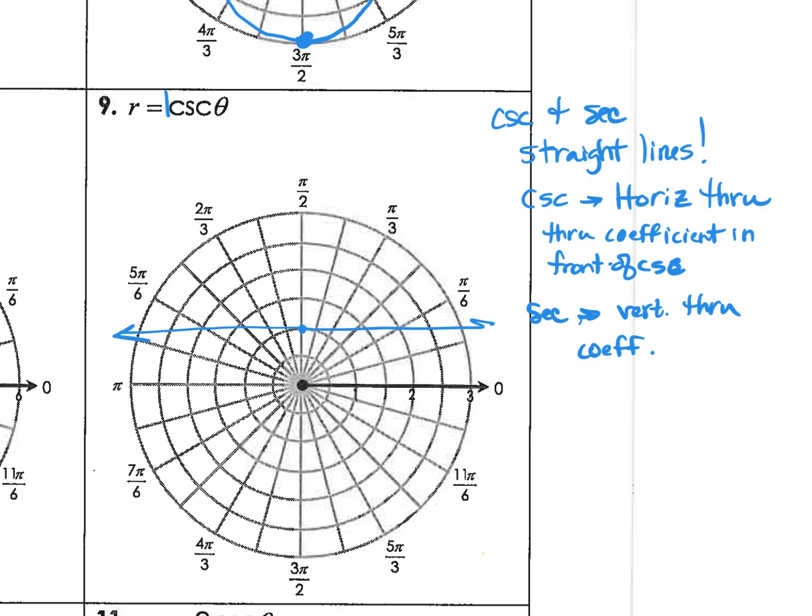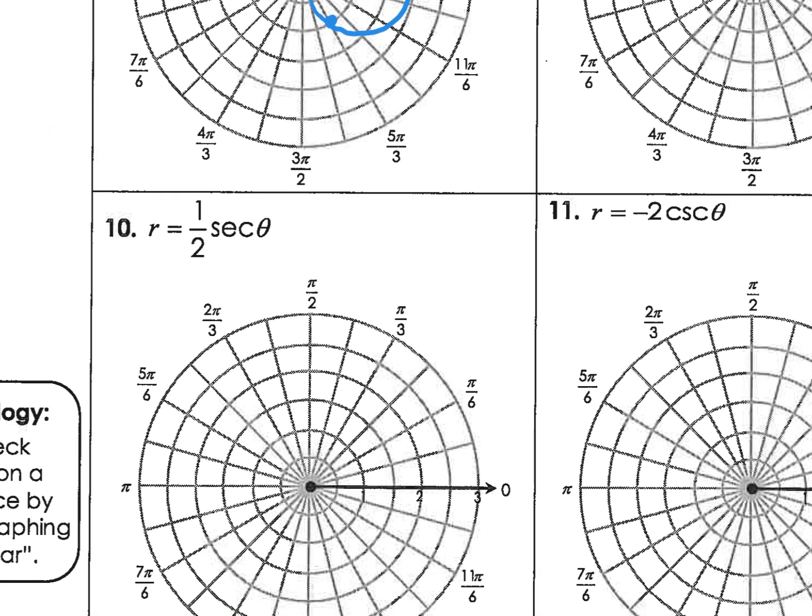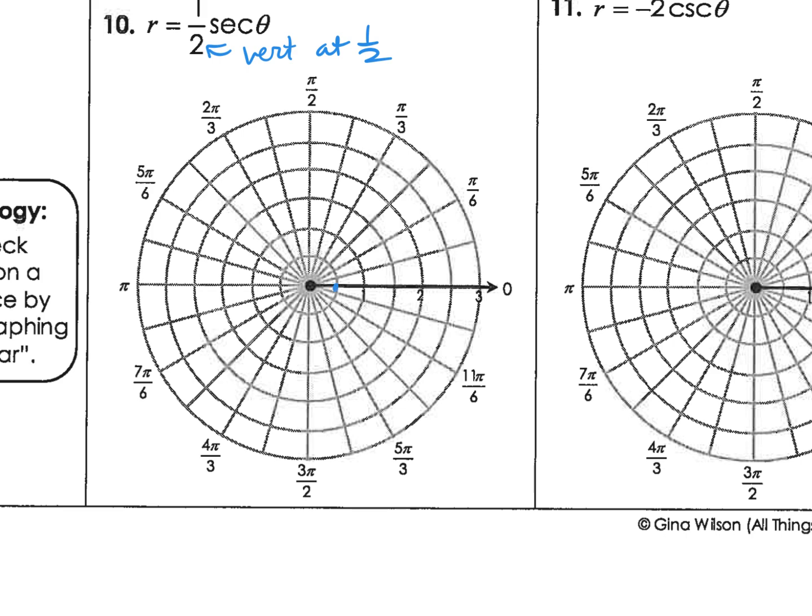And that's all there is to it. Now, this is secant. So secant is vertical at 1/2. So 1/2 would be here. So guess what? It would go this way and this way.